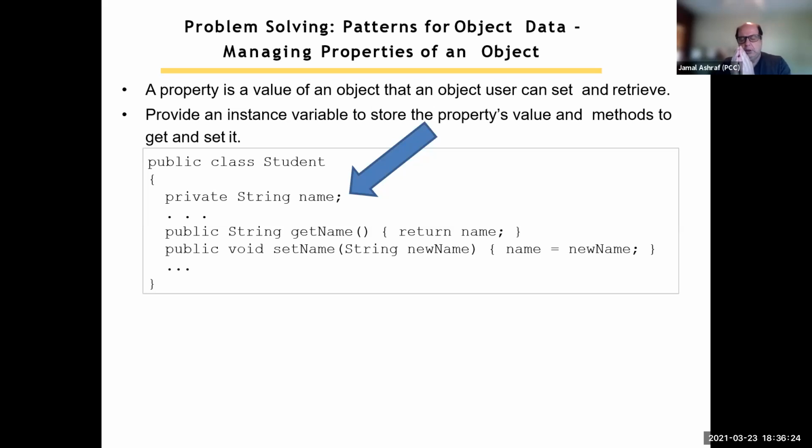They are different objects of the same class. Now that I have a name and I want to keep track of it as a property of this class, I'm going to have my regular get and set methods to deal with the property.